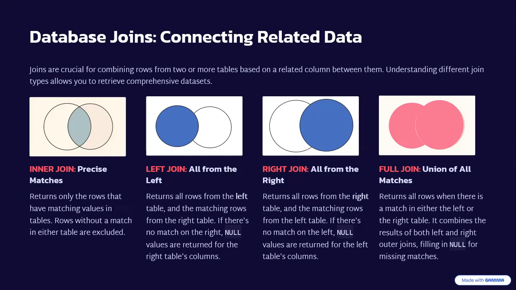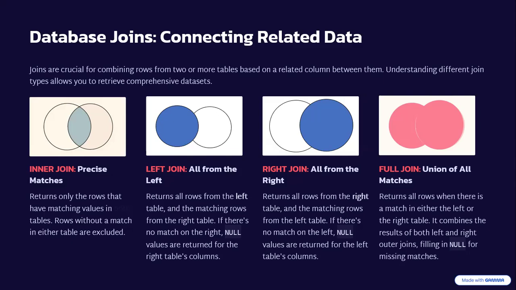You want to combine customer ID here with customer ID in payment, or staff ID in staff with staff ID in payment, stuff like that. How do you combine that? This is where the joins come in.